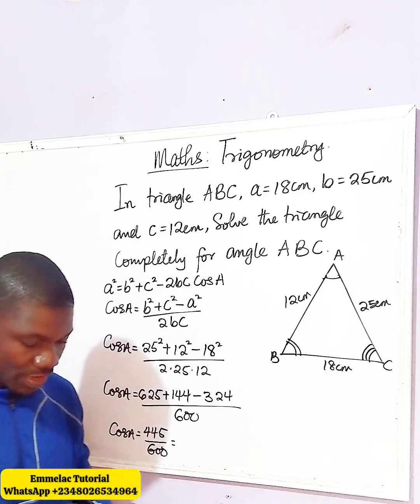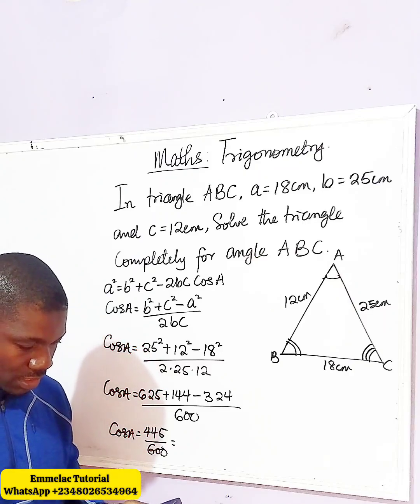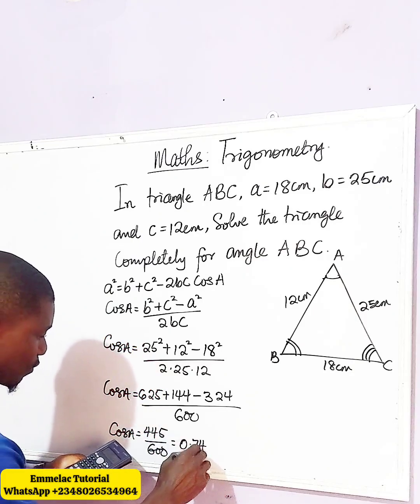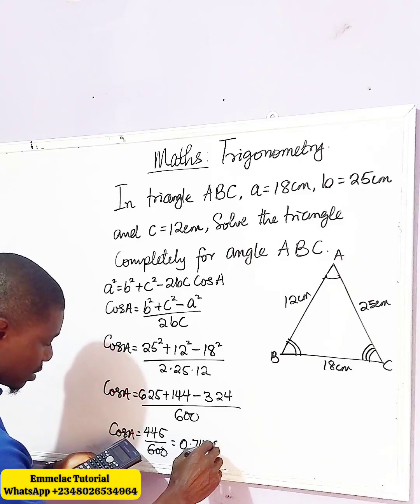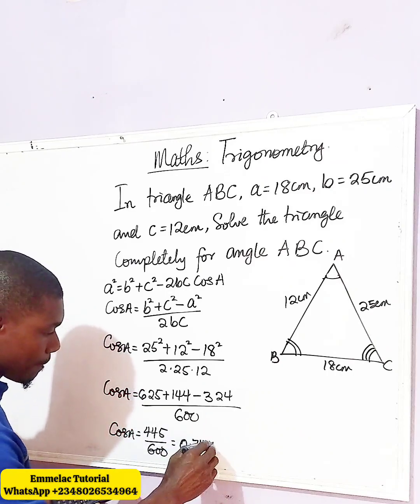Dividing this by 600, you have 0.7417. Let me just write it up to 4 decimal places.